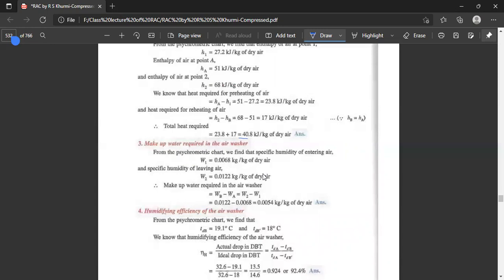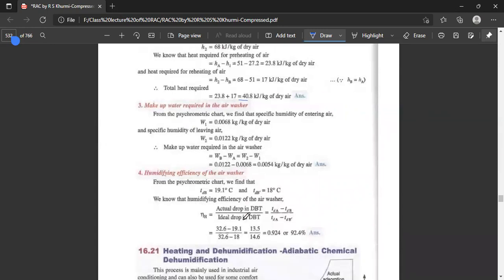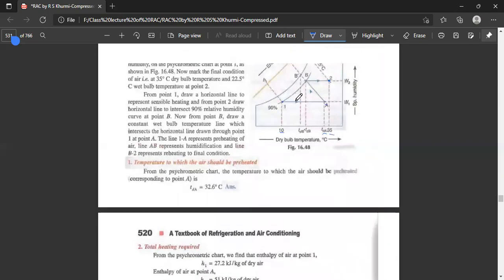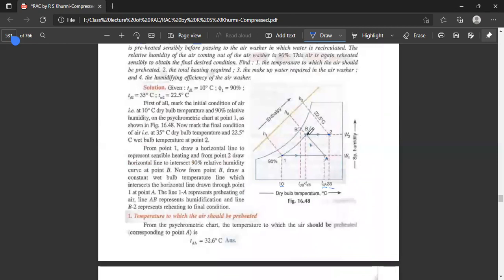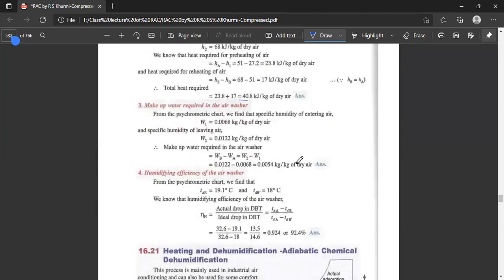For the humidifying efficiency of the air washer, from the psychrometric chart we find that TDP is 19.1 and TD2 is 18.8 degrees centigrade. The dry bulb temperature at B and that at B dash is 18 degrees centigrade. What is B dash here? This is the dry bulb temperature here, and this is the dry bulb temperature here.